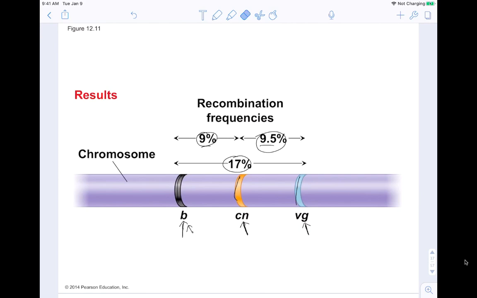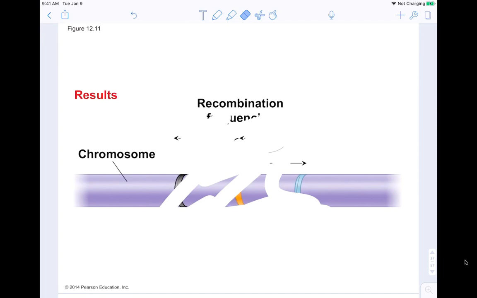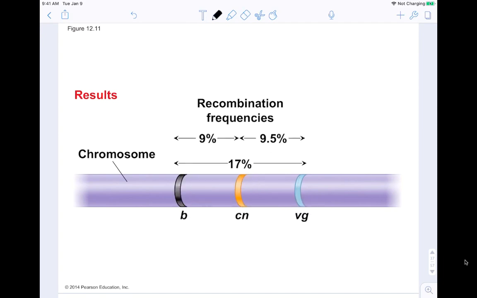For instance, you could not have VG here and CN here. This would be like trial and error when you're trying to figure out, did you do it correctly? Because you know from calculations that there is a 9% or 9 unit difference between B and CN. And you know from calculations that there is a 17 unit difference between our B and our VG.